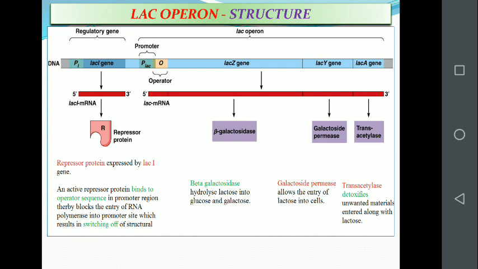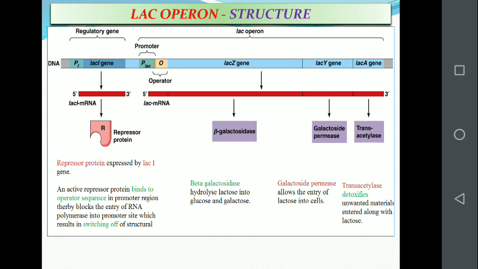So that repressor protein is an active protein. The function of the active protein is that it binds to the operator site. Okay, it recognizes a specific sequence at the operator region and it binds there. Because of that binding, it occupies the entire operator sequence.